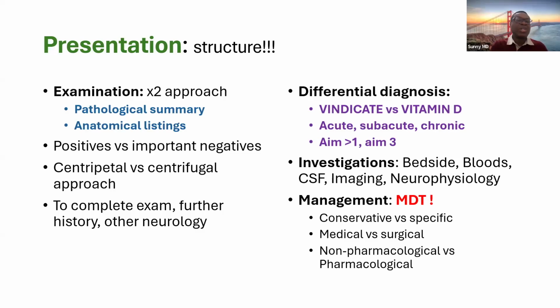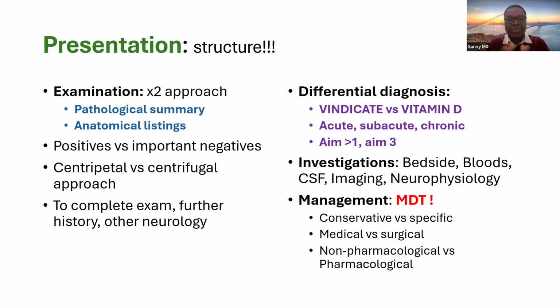Or you could use the other approach, what I call the anatomical listings, which is basically starting from the other side. So you're presenting an examination of this patient, and usually you go in the order that you examined. On inspection, the patient has evidence of muscle wasting in the quadriceps muscle and the calf.